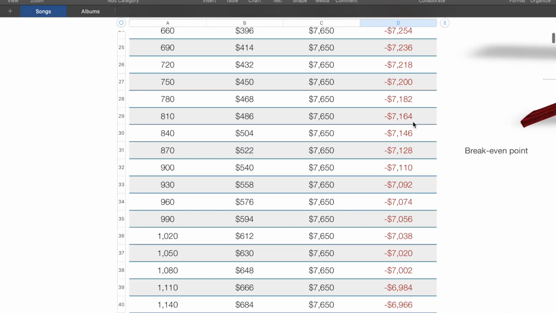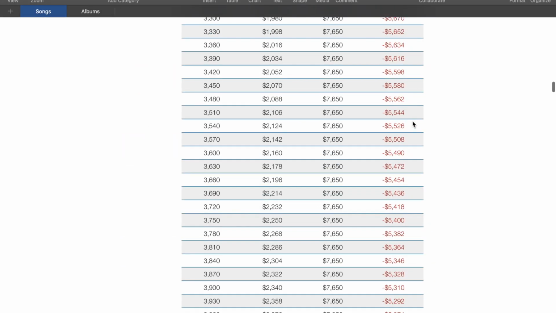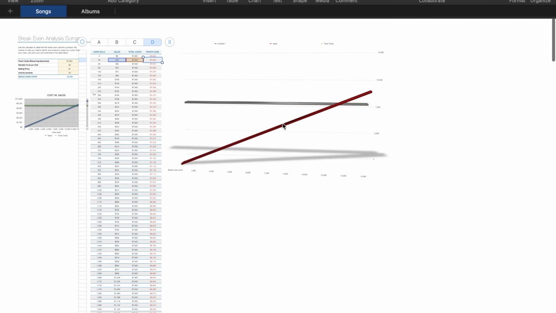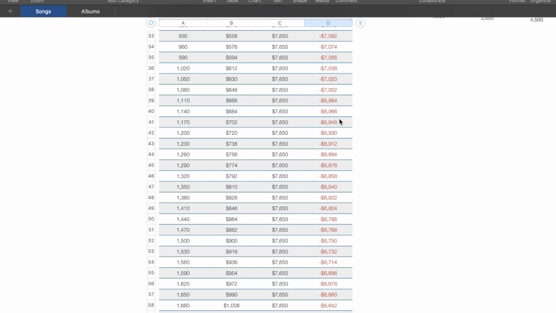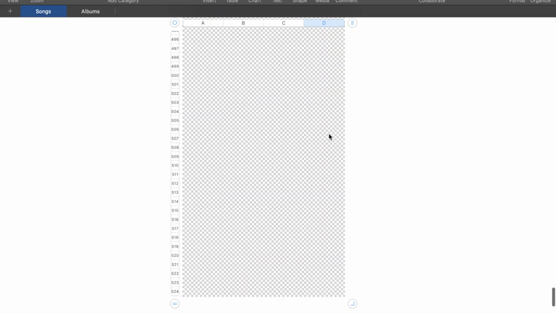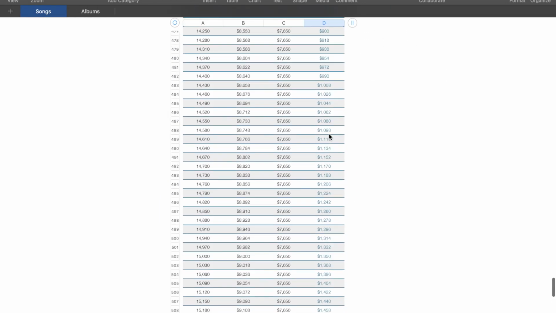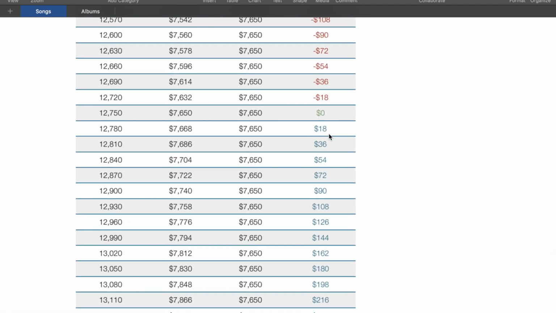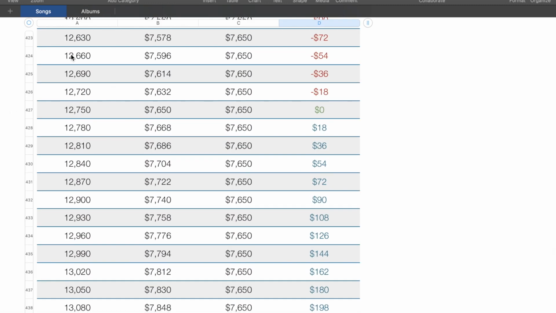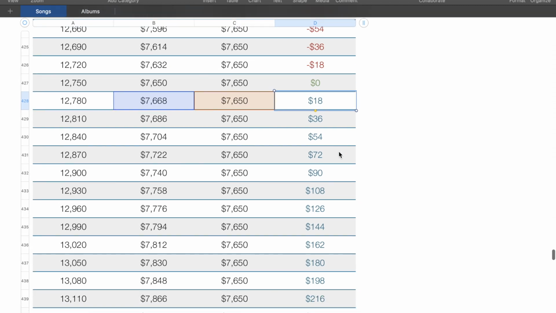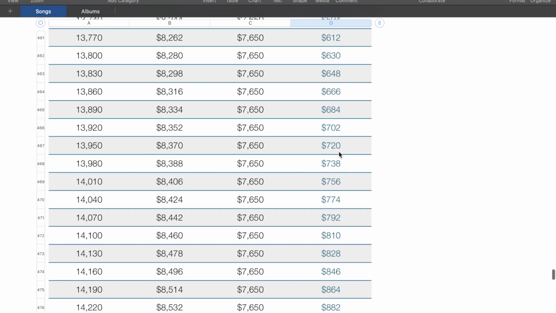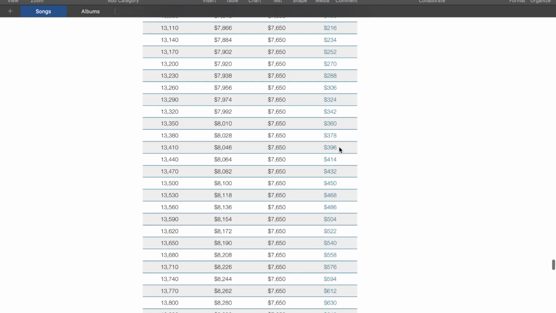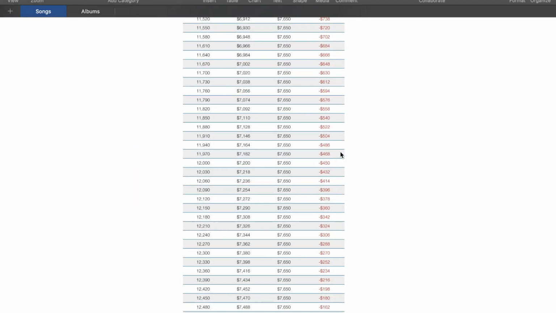And that just keeps going on and on till we hit 12,750, right? This is where you start to see the profits. We start to see our red turn into green into blue. So right around this area, the 12,000, once we sell 12,751, we made $18, and it keeps going on and on. So you start to see your profit after that 12,750.